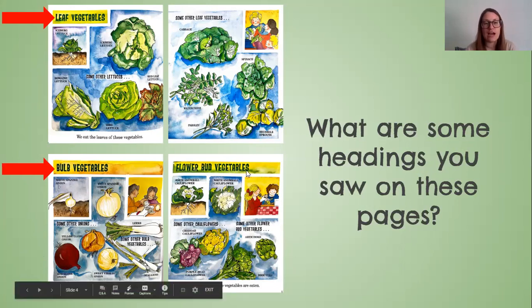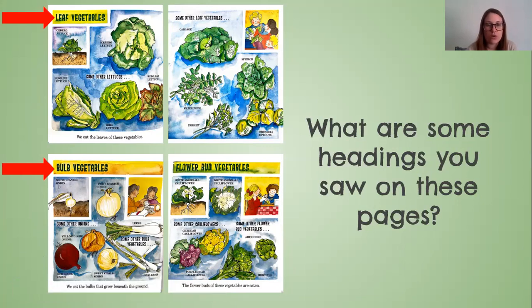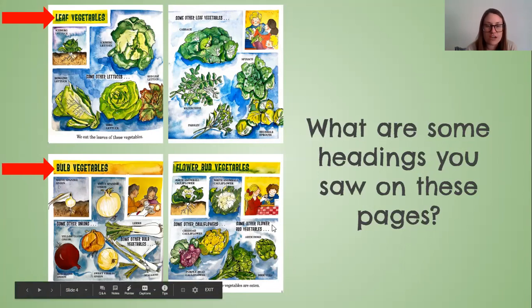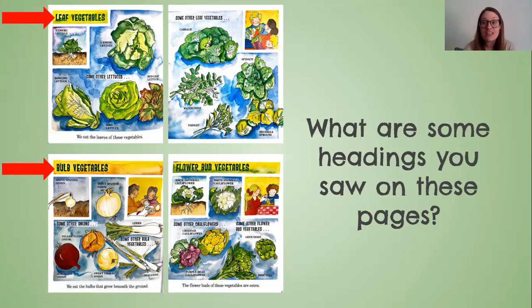And then over here, flower bud vegetables: white snowball cauliflower, other cauliflowers, cheddar cauliflower. Sounds like it would be a cheese. It isn't. It's just because of the color. Purple head cauliflower, and then other bud vegetables, artichokes and broccoli. So if you've ever tried some of those vegetables, give me a me too. Yeah. So lots of different vegetable types.